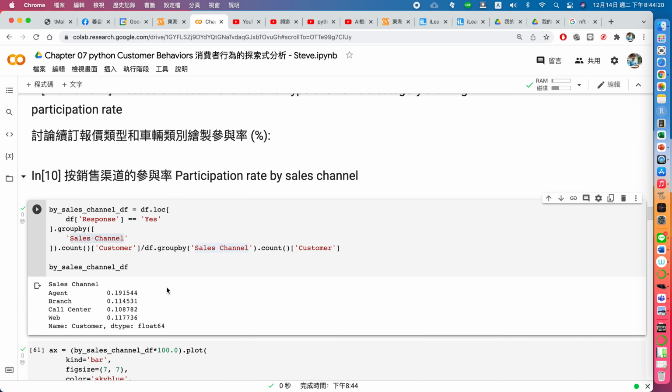Okay, so you can get this data frame, which is the sales channel distribution for agent, branch, call center, and the web. So you know the distribution of the participation rate for sales channel.